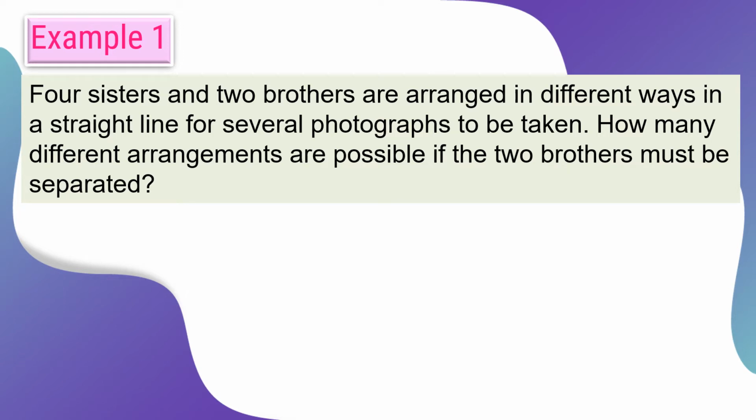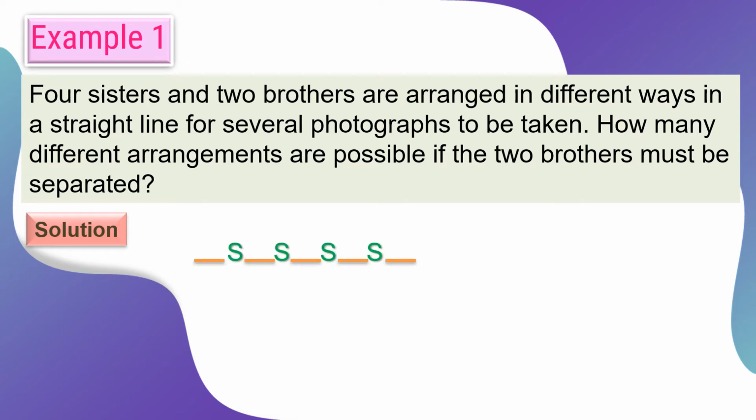4 sisters and 2 brothers are arranged in different ways in a straight line for several photographs to be taken. How many different arrangements are possible if the 2 brothers must be separated?